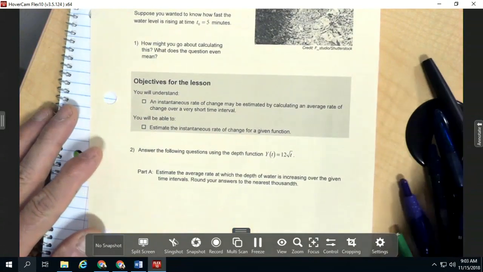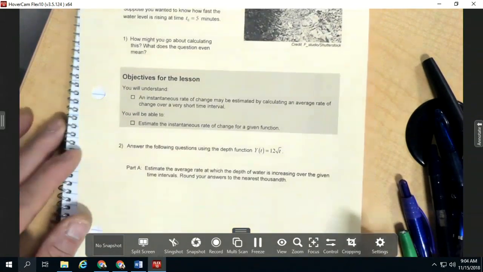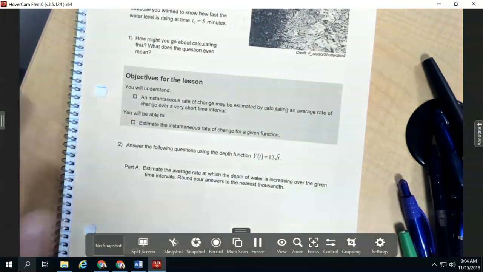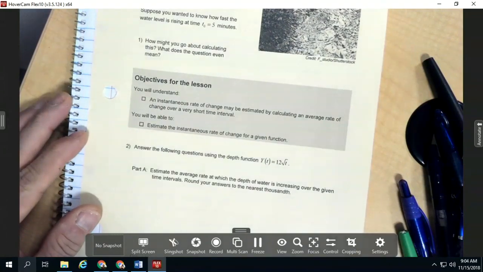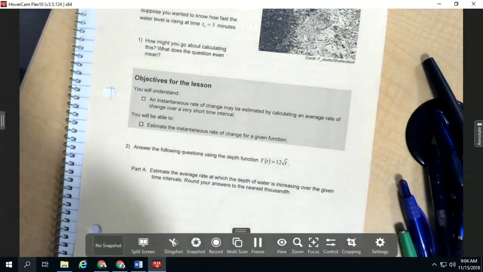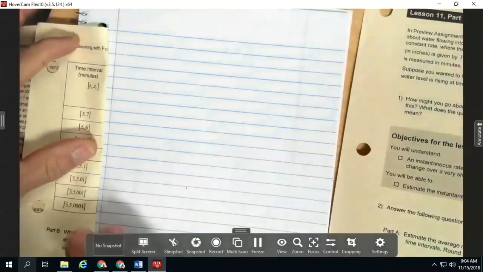Answer the following questions about the depth. y of t equals 12 square root t. Page 170. We've got a bunch of different times here.